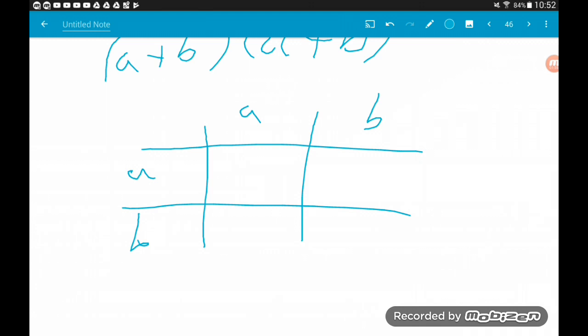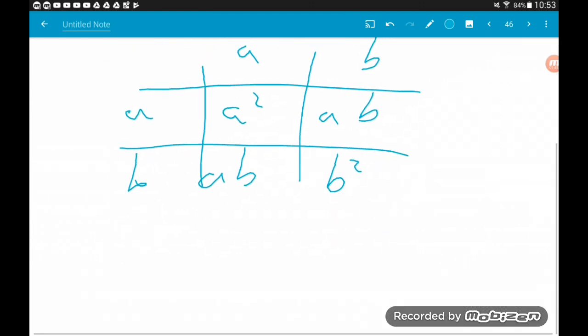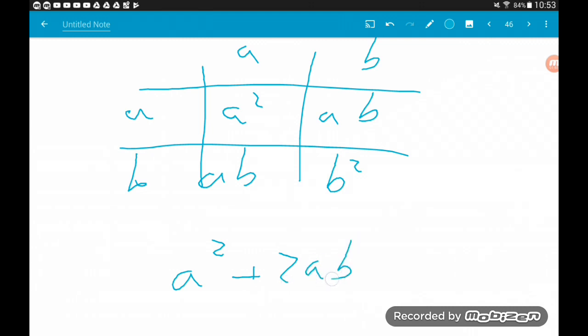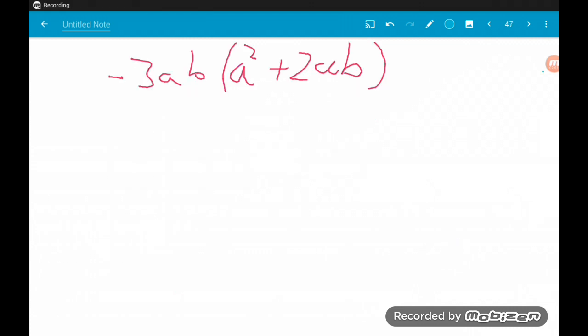A times a then is a squared, a times b is ab, and then b times b is b squared. So we then need to take the terms out and simplify. So we've got a squared, we've got 2 ab's, and then we've got b squared at the end, like that. Job done for question 1.